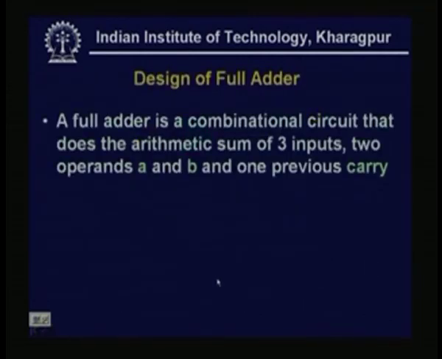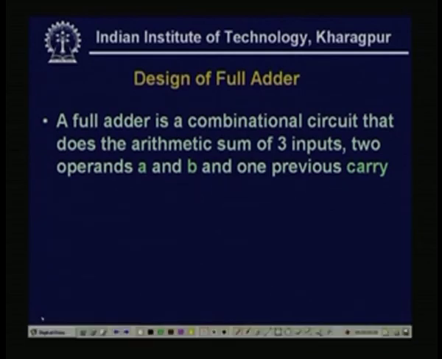Now, we see a design of a full adder. A full adder is a combinational circuit that does the arithmetic sum of 3 inputs, 2 operands A and B and 1 previous carry. Now, what do we mean by this?